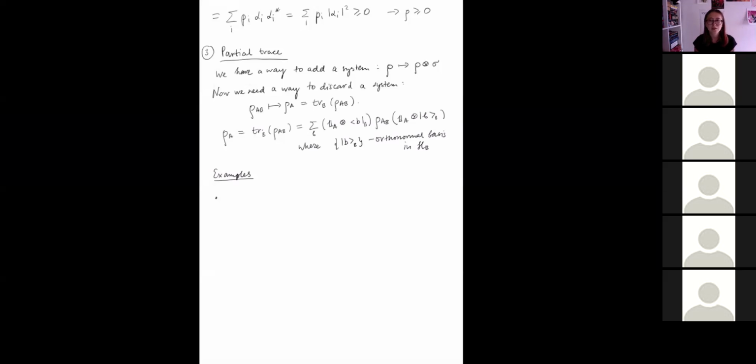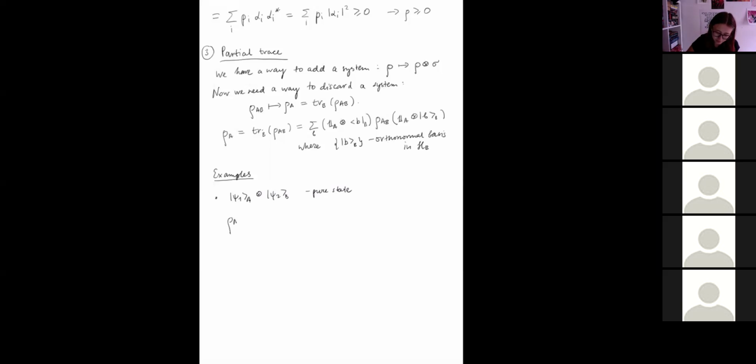Suppose that we are looking at two systems, A and B, and suppose that their joint state is initially just a tensor product of pure states on A and B. So it can be written as tensor product of state psi1 on A and psi2 on B. And this is obviously a pure state because we can just write it out in terms of this particular state in their joint Hilbert space.